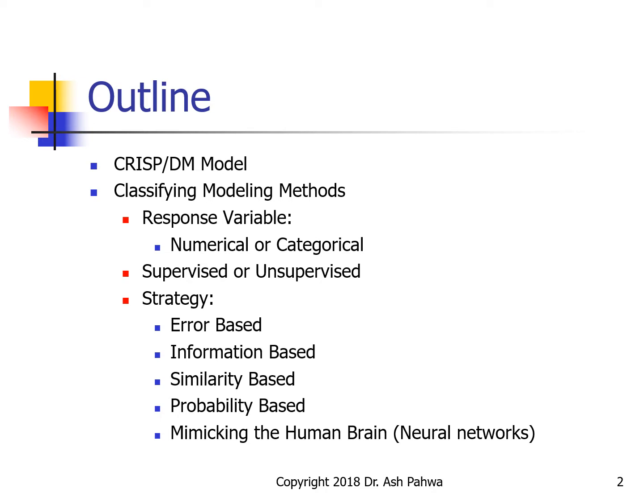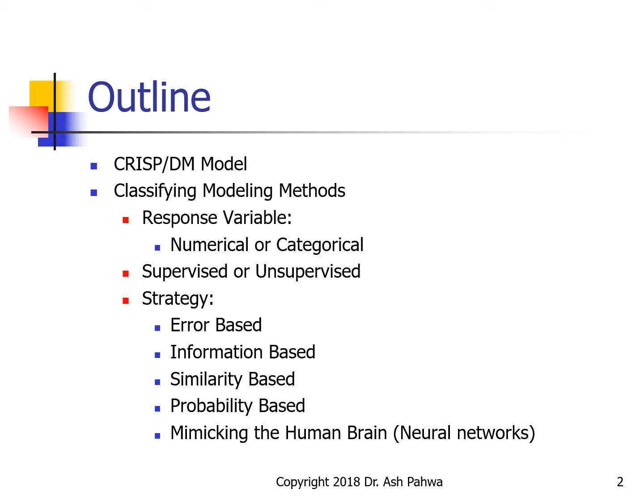First, we are going to cover CRISP DM model. This is one of the methodologies that is being used to build a predictive analytics project. Then we are going to classify different modeling methods. There are total 11 modeling methods, and we are going to classify them based on the response variable. You can classify them based on numerical or categorical variable as a response variable.